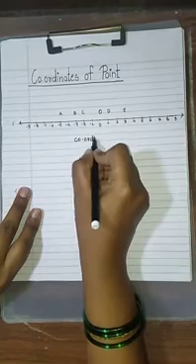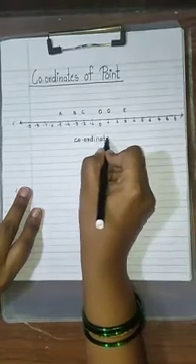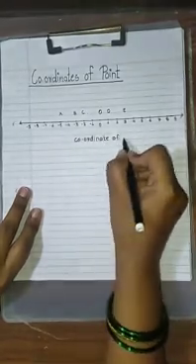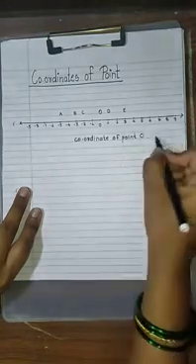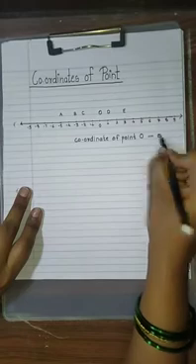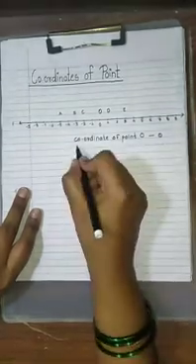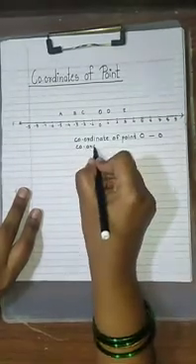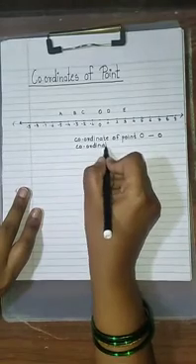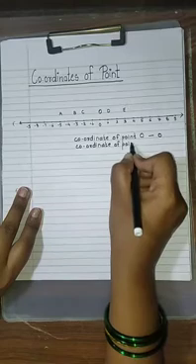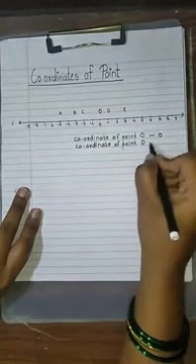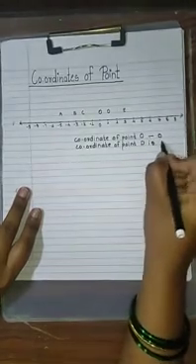Coordinate of point O is 0. Coordinate of point D is 1.